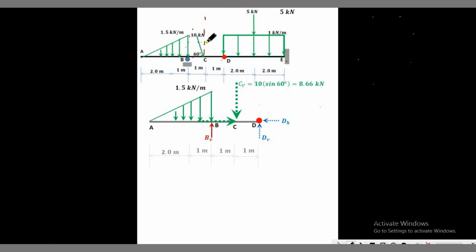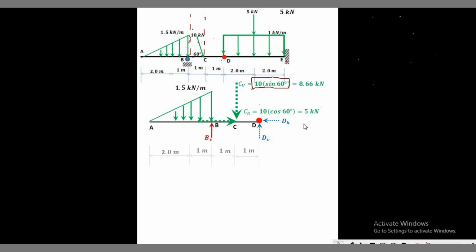So, 10 times sine 60. Then, the horizontal component of that 10 kilonewtons is equal to 10 times cosine 60 degrees, which is equal to 5 kilonewtons.